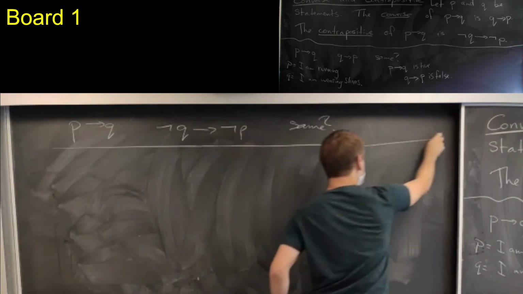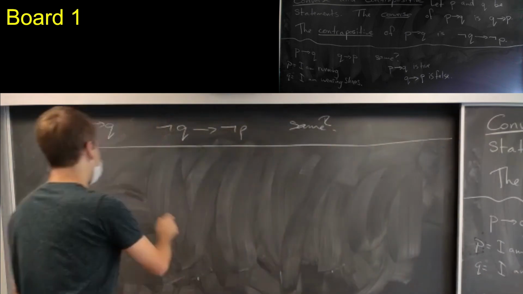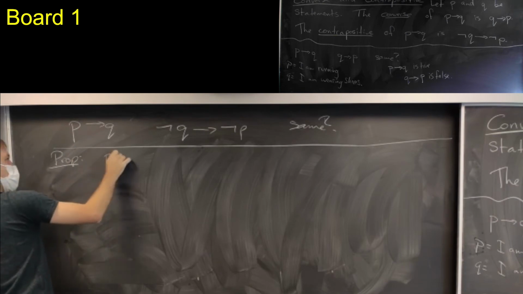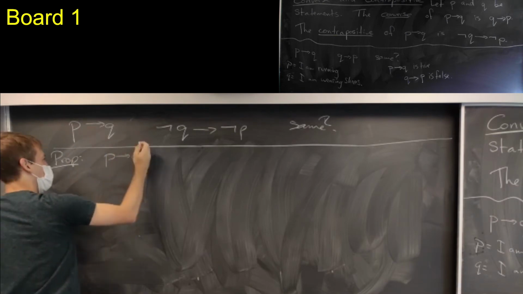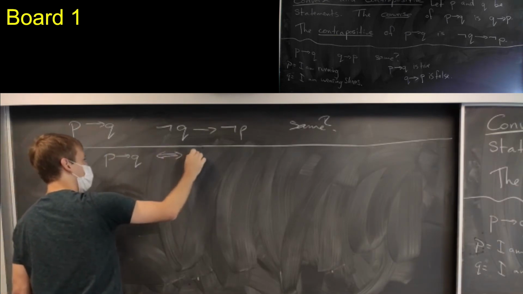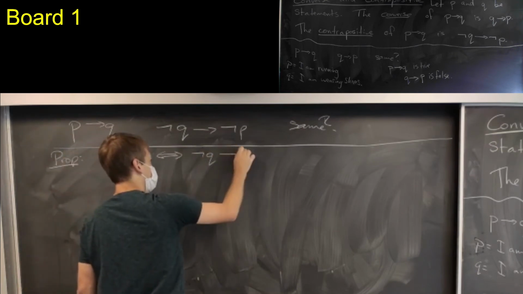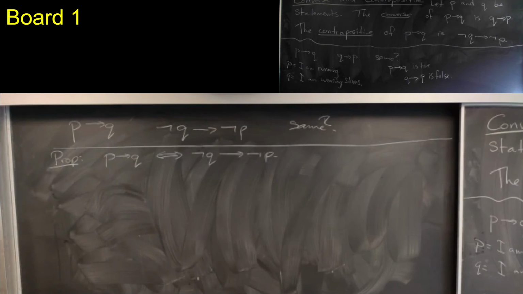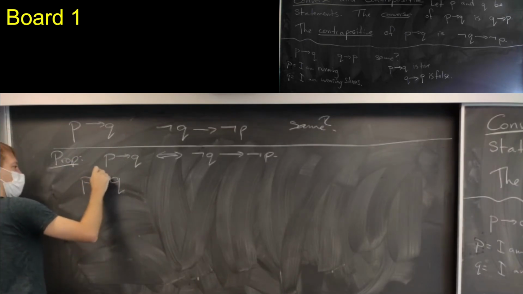So we're going to prove a proposition: that P implies Q is logically equivalent to not Q implies not P. Okay, so we do the usual thing, a truth table.